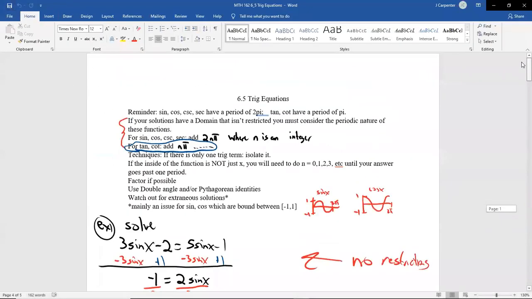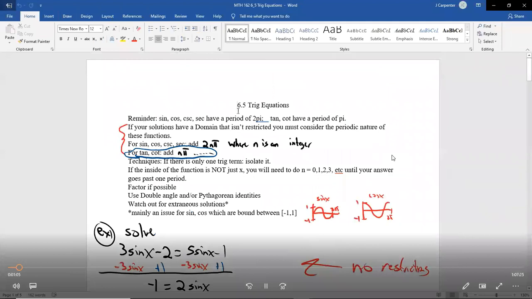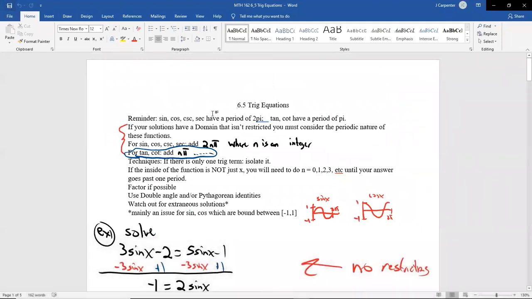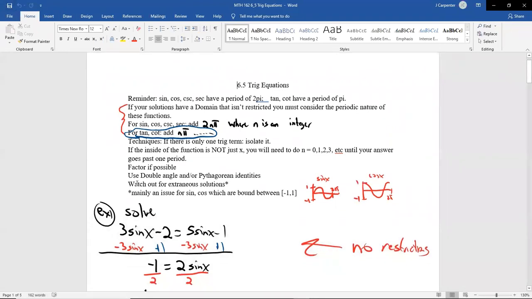Point 5, trig equations. We gave you some reminders about the periods of these because this comes up in almost every problem. We went over some basic techniques, some of which have some similarities to techniques when we were dealing with verifying identities. We said to watch out for extraneous solutions, which we have not had this happen yet. Spoilers for today, since it's the last section, or the last couple problems of the section.